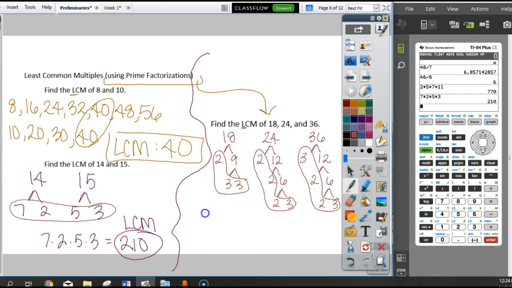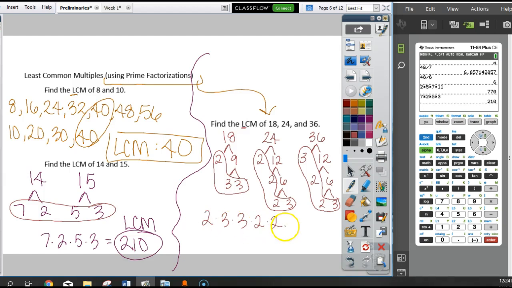So I know for this first one I need a 2 times a 3 times a 3. For this one I need a 2, which I have, but I also need 2 more. So I need three 2s, which I have, and one 3, which I also have. Then for this last one, I need two 2s, which are covered, and two 3s, which are also covered.